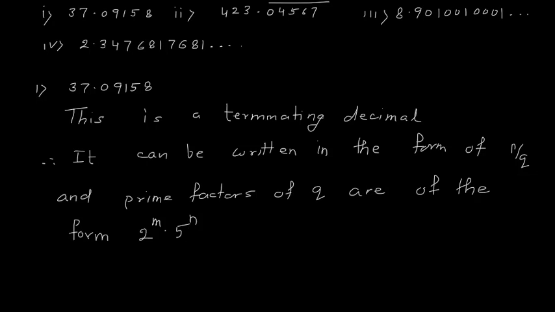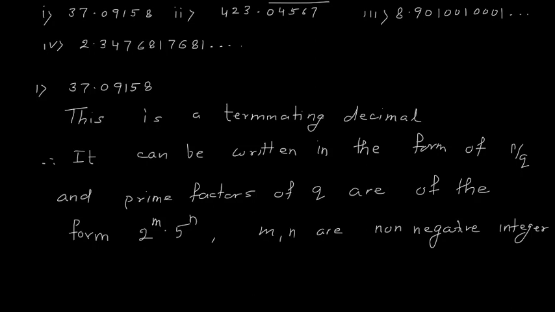Okay, the second question, here there is a condition that m comma n are non-negative integers. So when I say non-negative, then 0, 1, 2, 3 like that are the values of m and n.